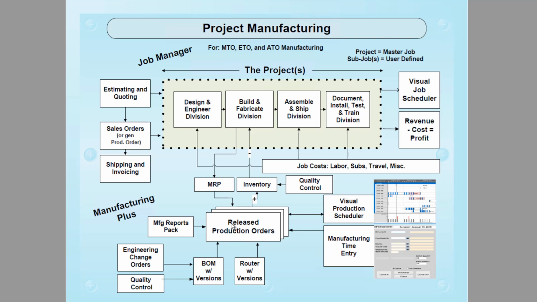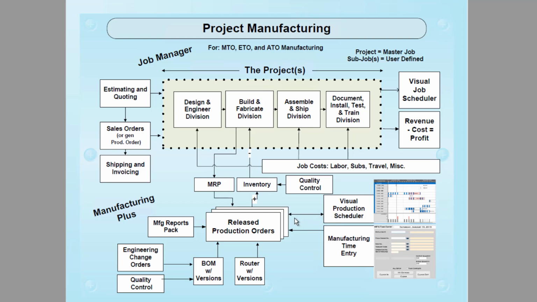So think in terms of your release production orders and being able to see them visually in a production schedule, some type of Gantt chart view. Here's a small image of it in this diagram, where we want to show the relationship between your release production orders and even your firm planned production orders with the visual production scheduler.